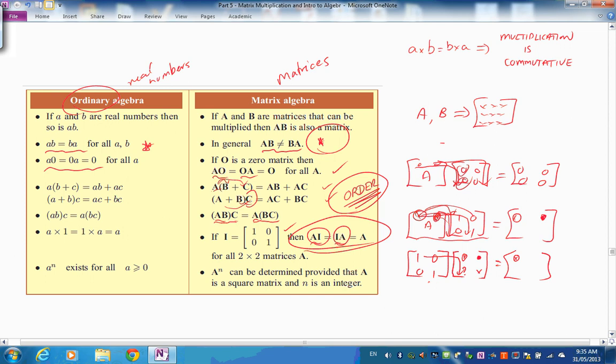It doesn't matter where you stick this special matrix, it will preserve the other matrix. A times I will give A. And of course we can expand it: you would have a matrix like this for a 3 by 3 case. That would be your I matrix, the identity.